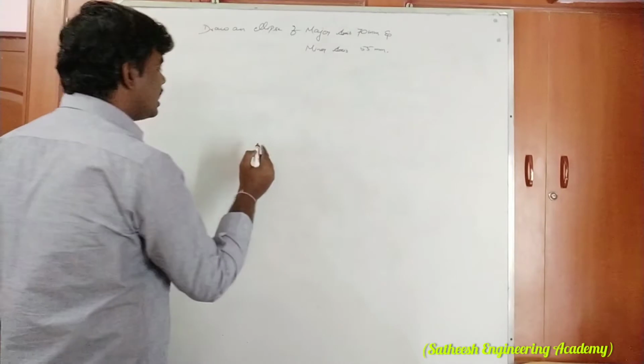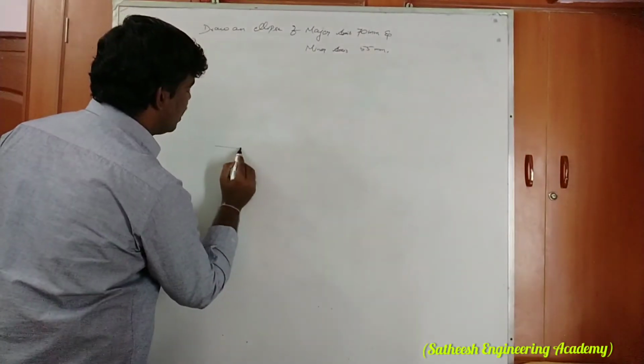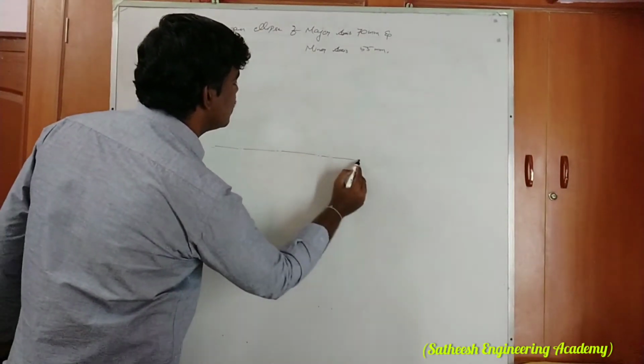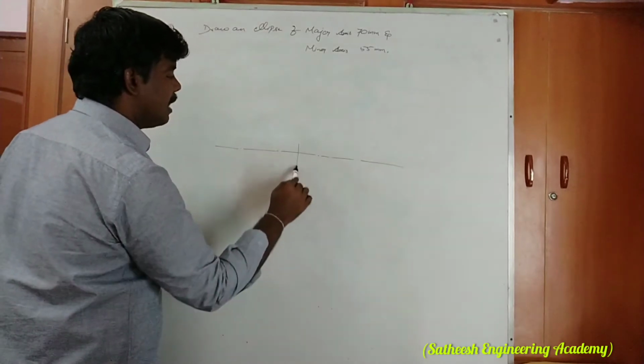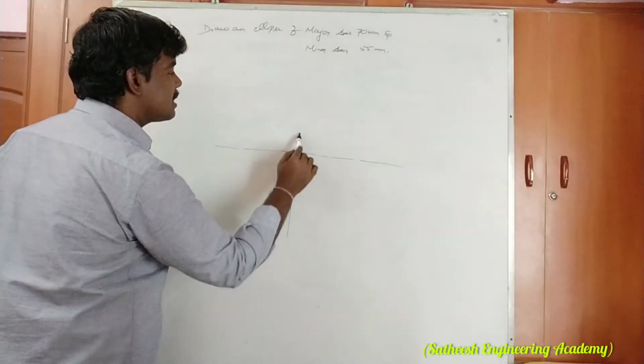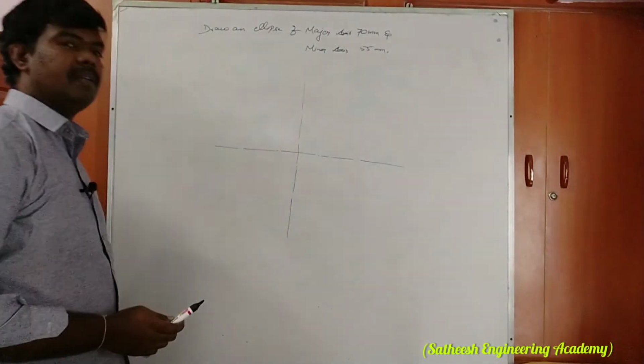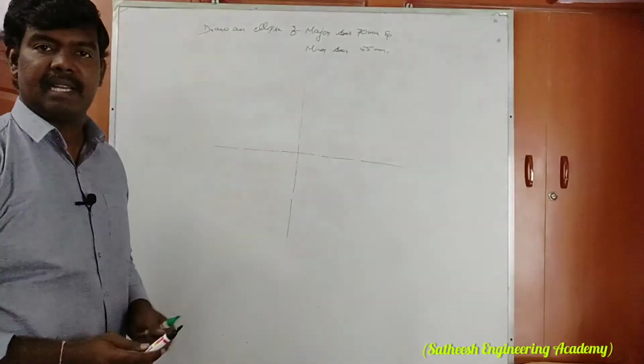Based on that, first you draw a horizontal axis and a vertical axis, which are the major axis and minor axis.